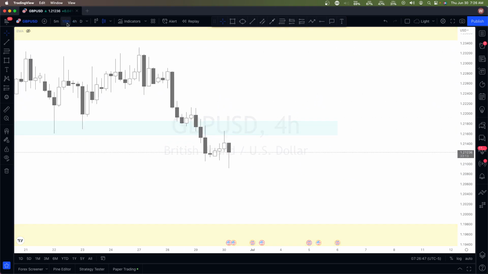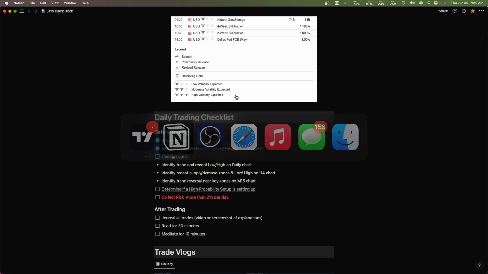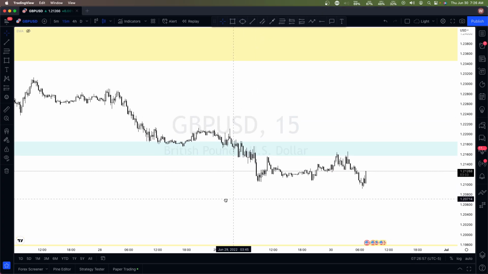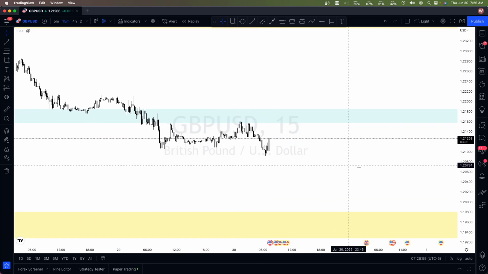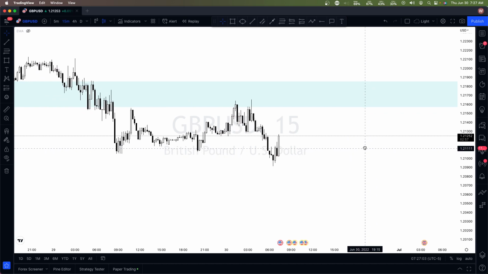Identify trend reversal near key zones on a 15 minute chart. So here's our key zone. We're looking for a reversal. We're looking for sells.